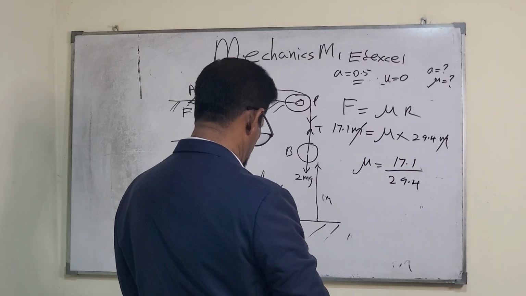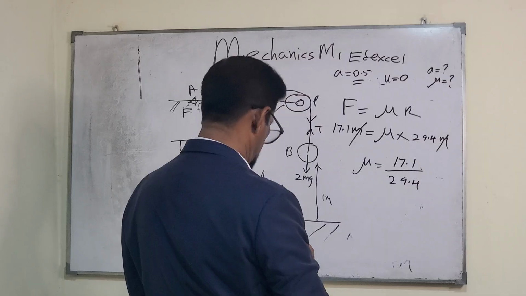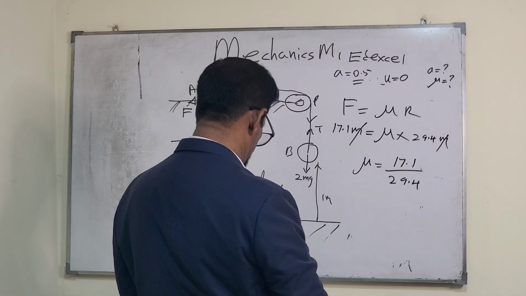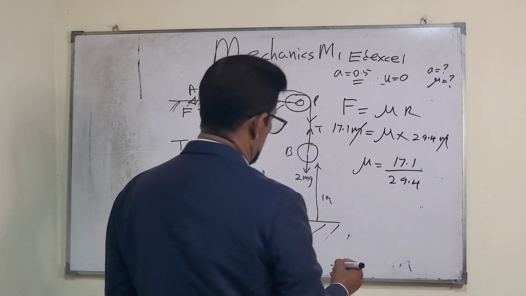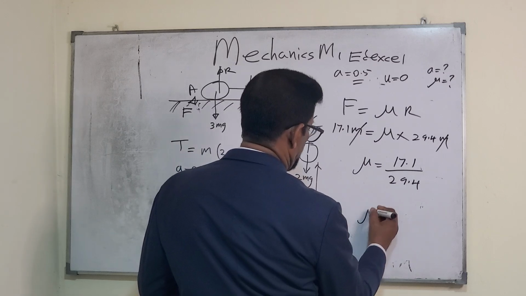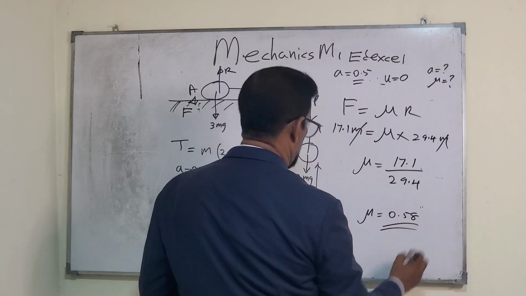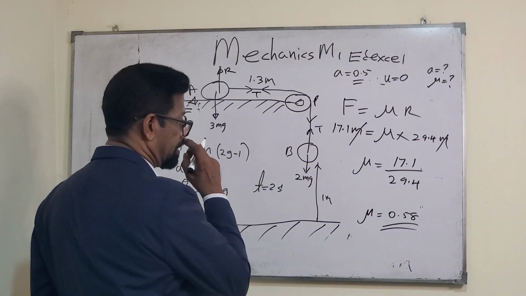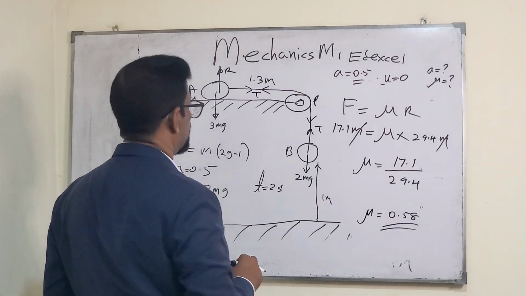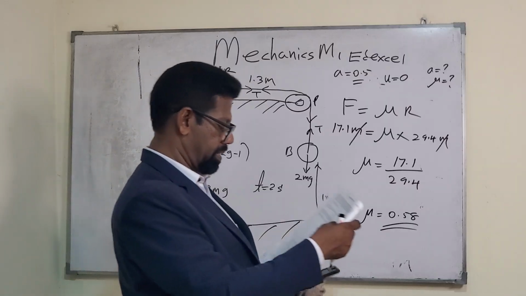Right. 17.1 divided by 29.4. Now mu equals 0.58. This is your answer. That is not the friction force. Now he needs to find the coefficient of friction, I think.